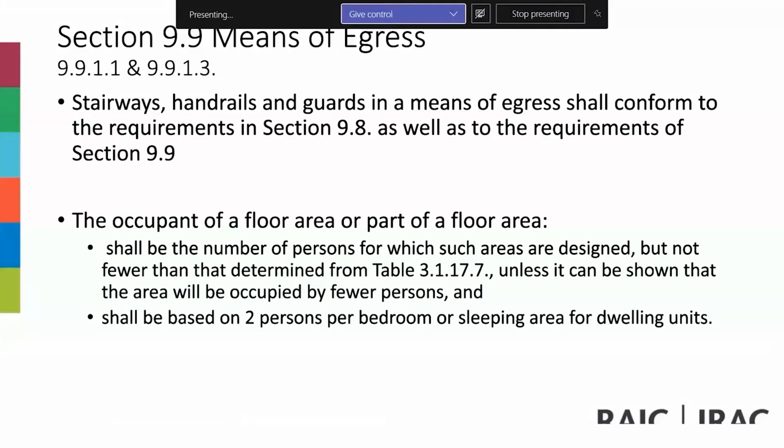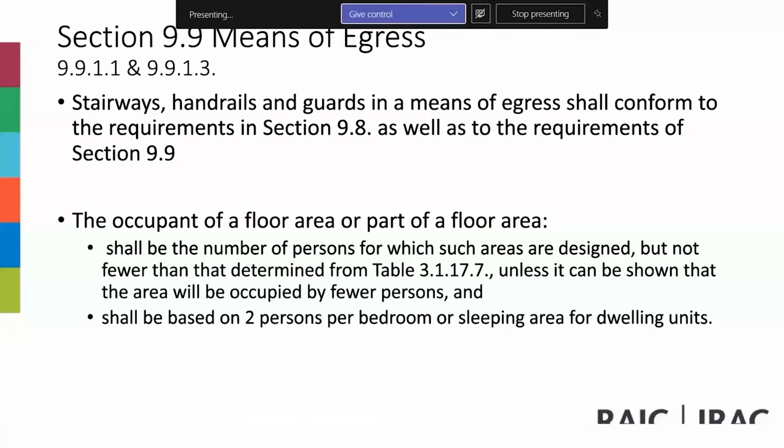So for those of you who were not with us during the presentation on part 3, we looked at the determination of occupant load, and the occupant load is based on the use of the area, and that use of the area has associated occupant load factors per area for a person.